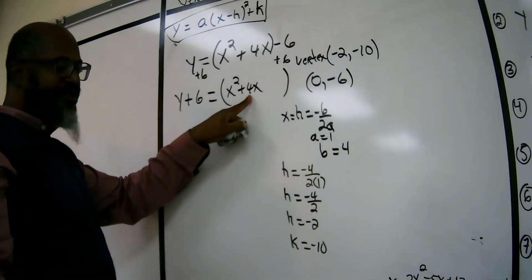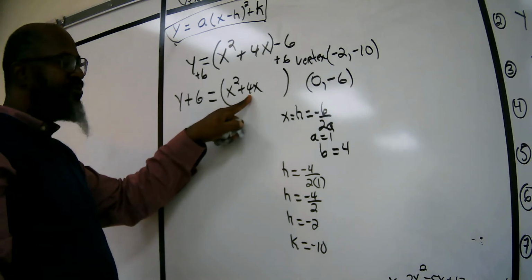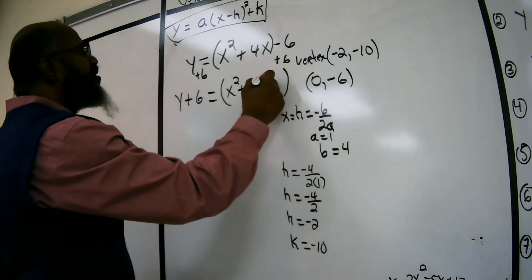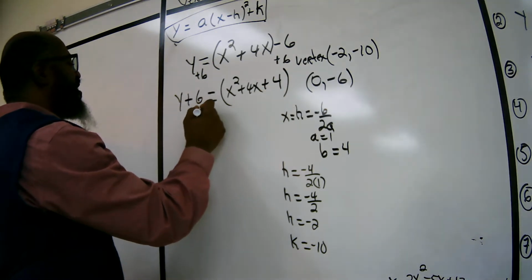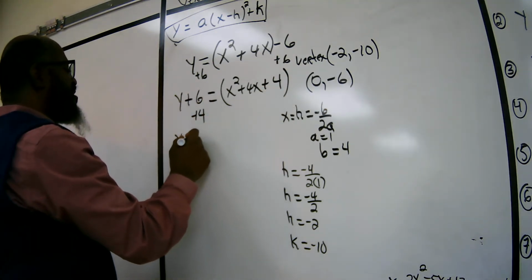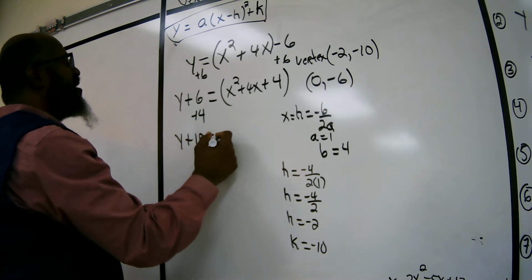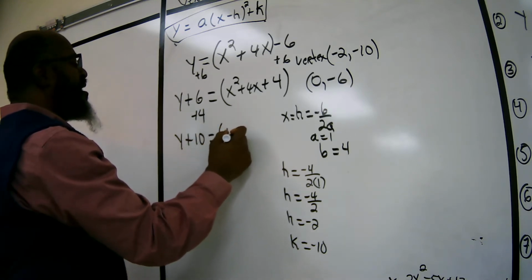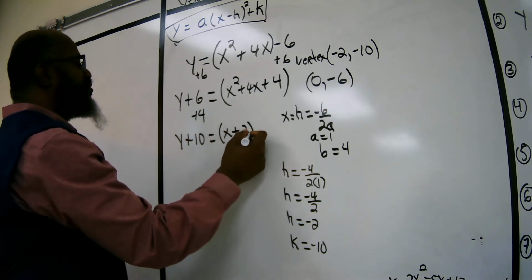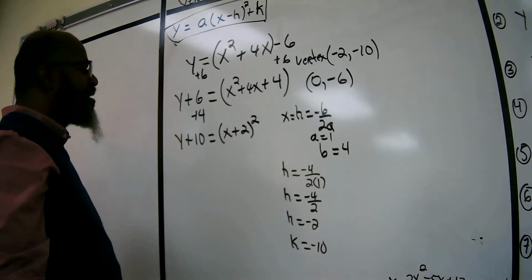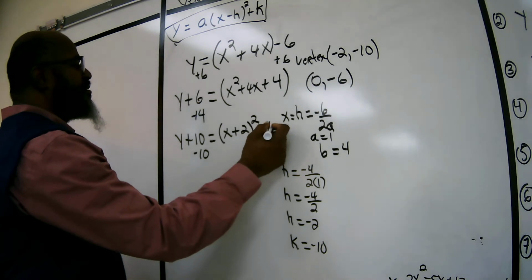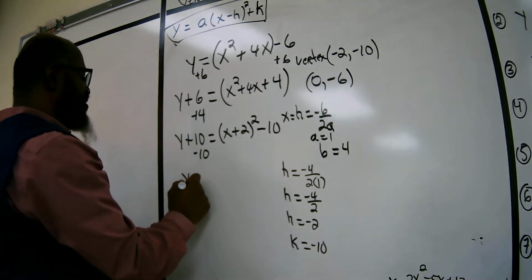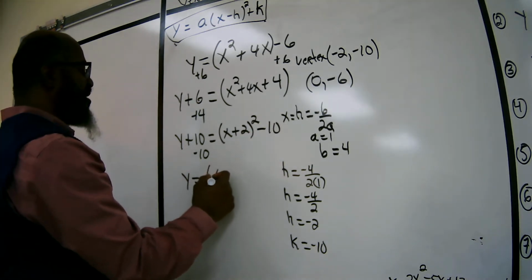You take your b term, 4 divided by 2, then you square it. That will be 4. You add 4. If you add 4 on that side, you add 4 on the other side. Then you will have y plus 10 is equal to x plus 2 squared. Alright, then you subtract 10 on each side.